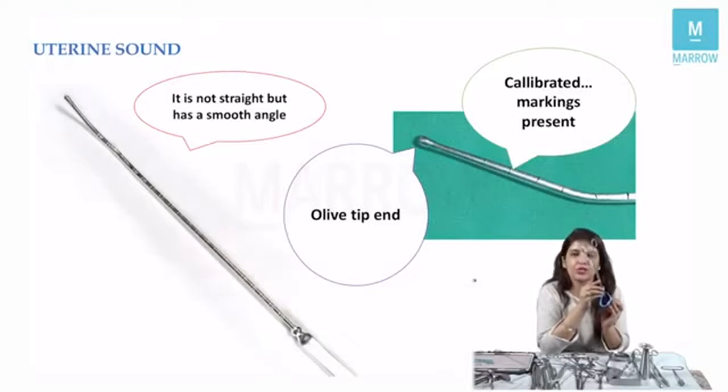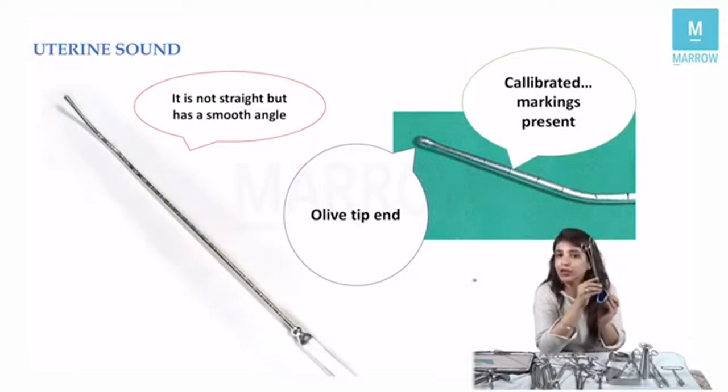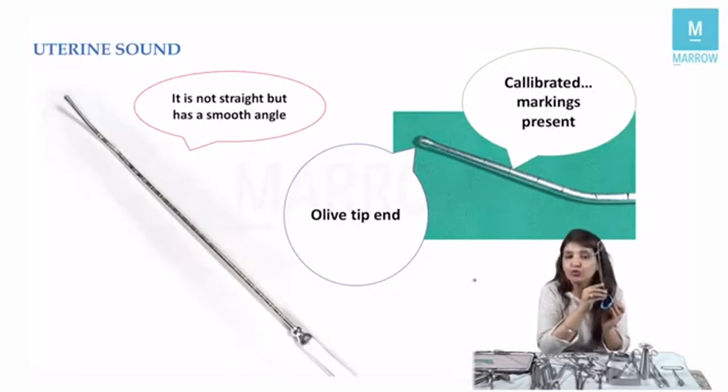In either case, whenever you have to insert any instrument inside the uterus, there are 2 things you should be sure of. Number 1, the position of the uterus, whether it is anteverted or retroverted. Number 2, the length of the uterus, the uterocervical length, so that you know how much the instrument should go inside.